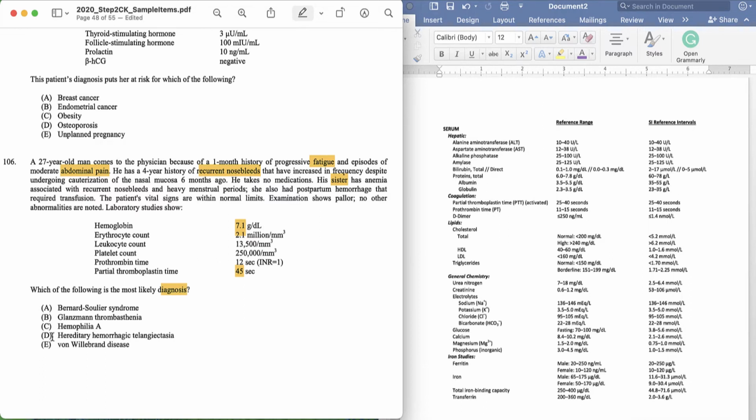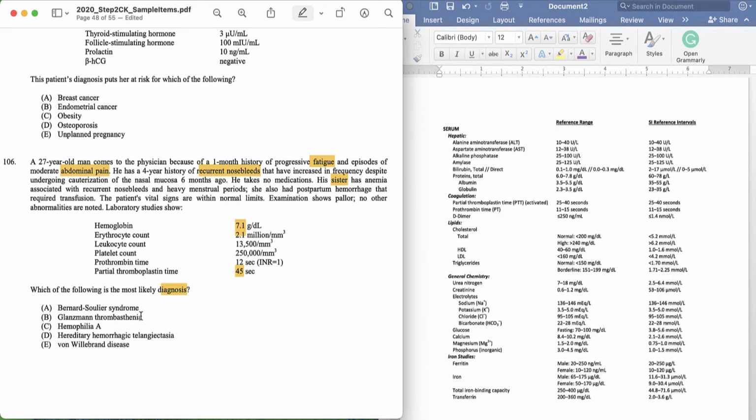So I think we can safely eliminate hemophilia A. The other one I'm thinking about eliminating is hereditary hemorrhagic telangiectasia, just because it doesn't seem to fit here with the PTT being abnormal. I don't think you would have that abnormal. You might have anemia, but I don't think that would be it. So I think we can safely eliminate C and D. And the rest of these, I think, are platelet disorders of some sort.